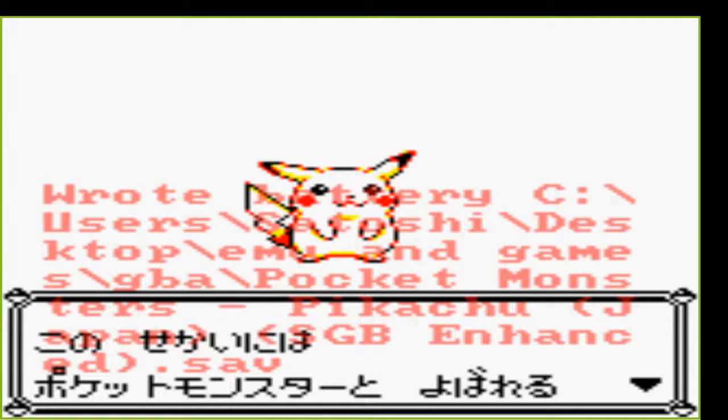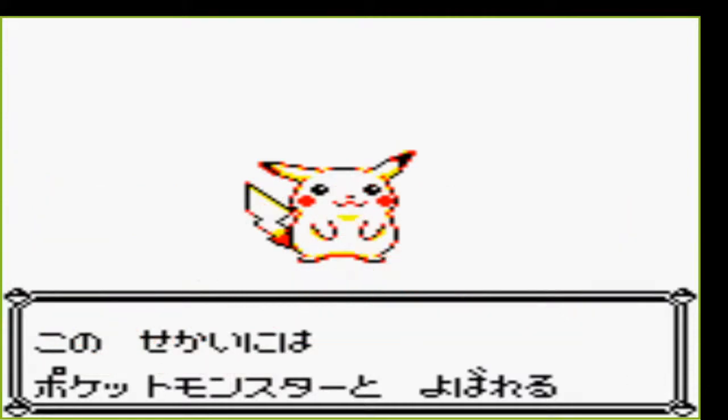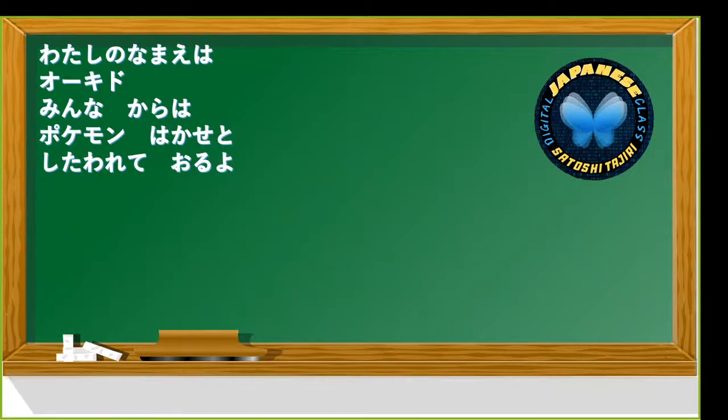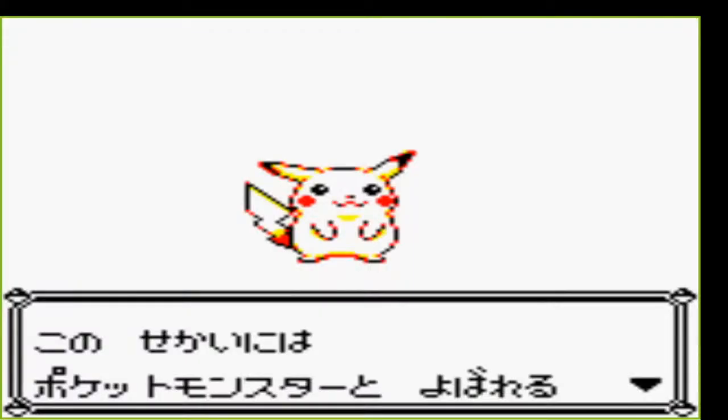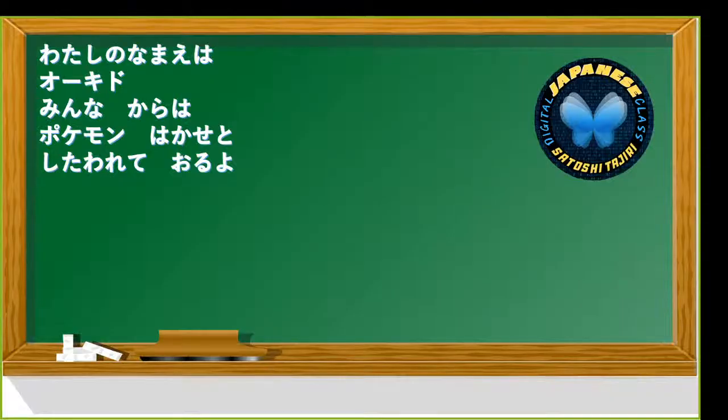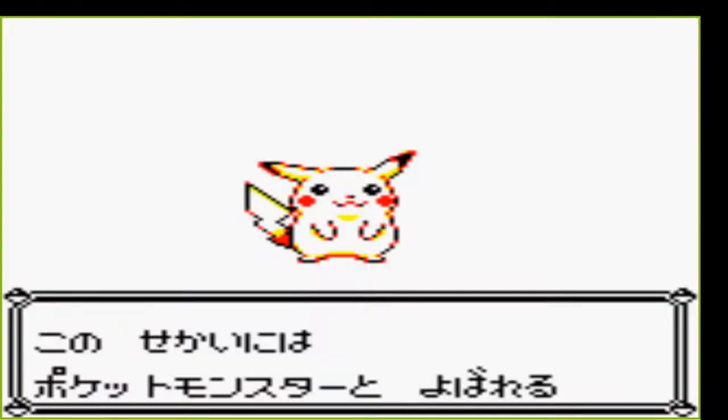Okay, how about this one? How to read this sentence? ちょっと待って。Okay, go ahead now.